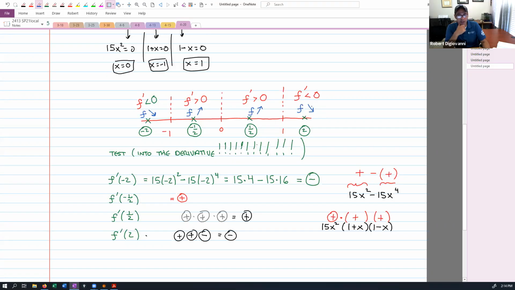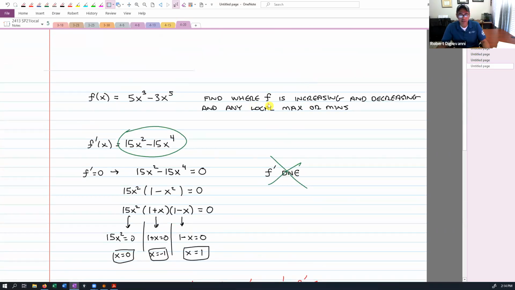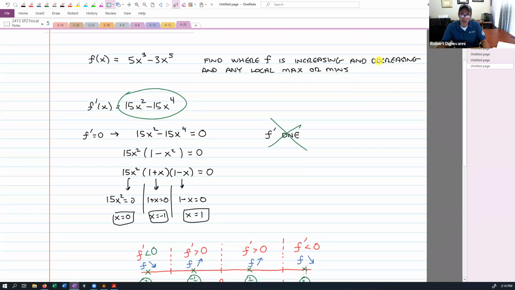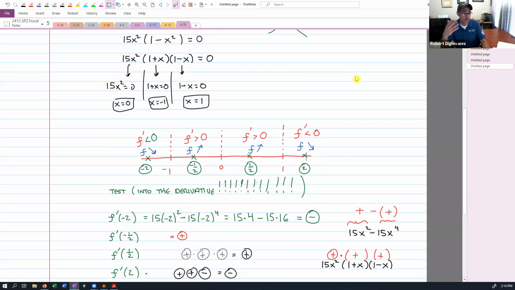Let's see if we can answer the question now. Find where the function is increasing and decreasing and any local maxes or mins. Let's start with the increasing and decreasing, and I'll begin with increasing. Our function is increasing here and here, right? Because our derivative is positive and our function must go up there. That's increasing, right? So the way I'm going to write that is this. I'm going to try and keep this all on one page.